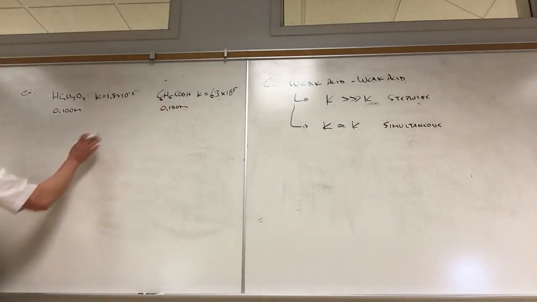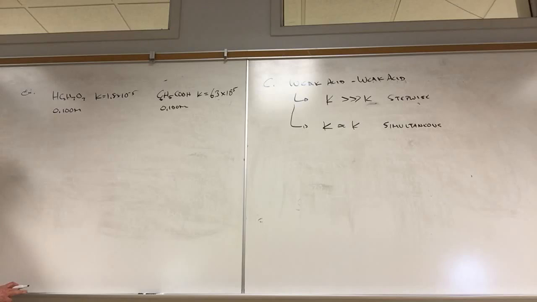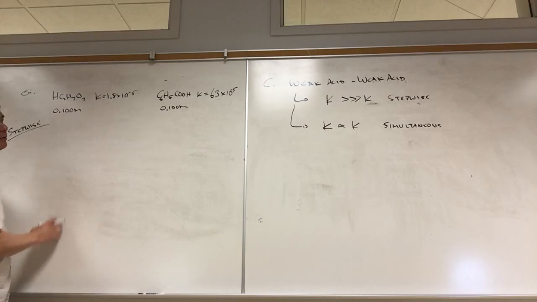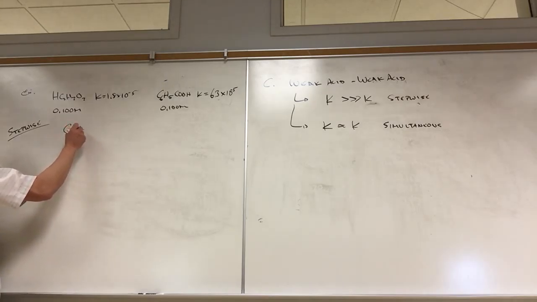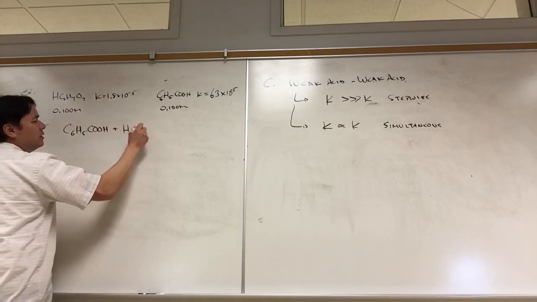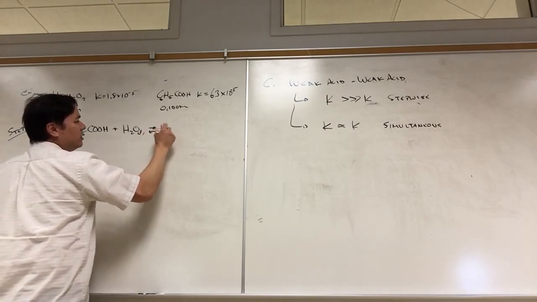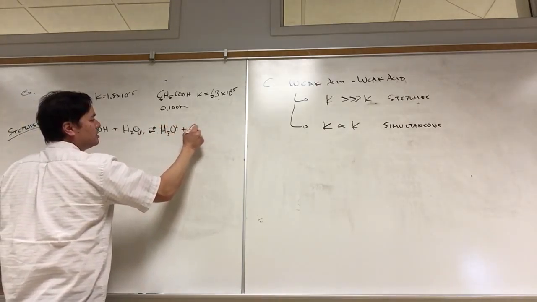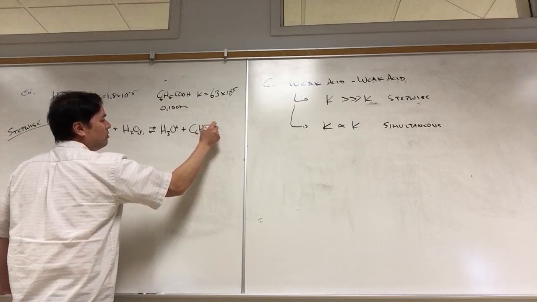And so what we try to do is we just try to do this stepwise. Let's take the stepwise approach and see if that works or if it doesn't. If we do this stepwise, we want to start off with the biggest hydronium ion contributor, which would be benzoic acid or acetic acid? Benzoic. Benzoic has a bigger K, so we start off with the biggest K. C6H5COOH is going to hydrolyze water, H2O liquid, to produce hydronium and C6H5COO minus.